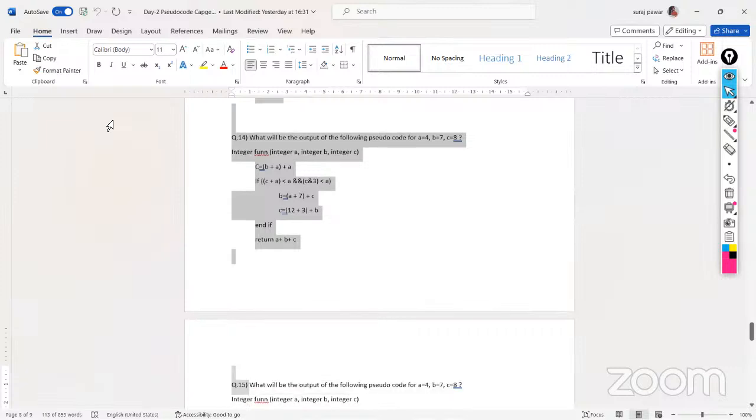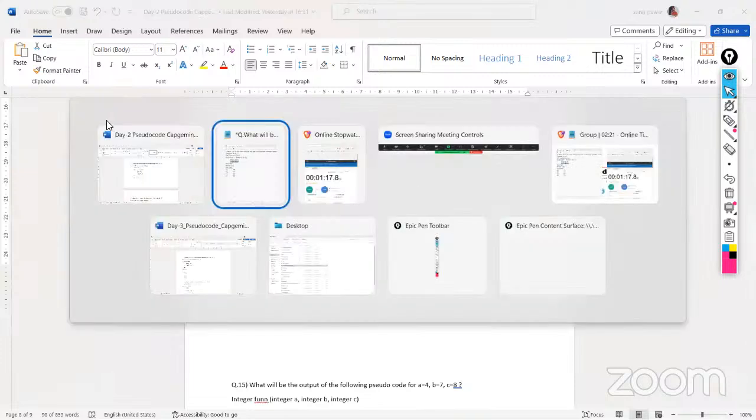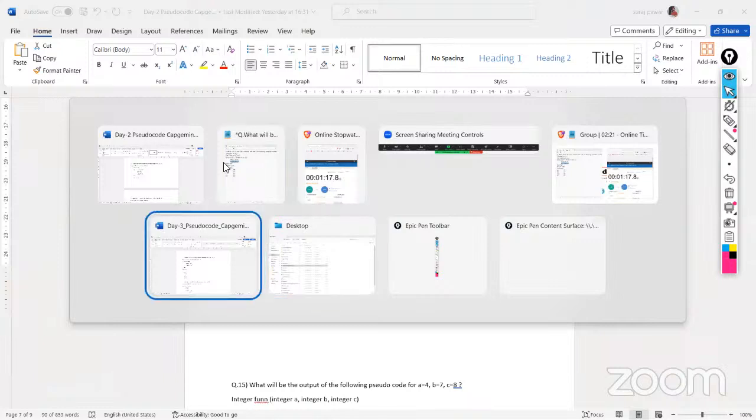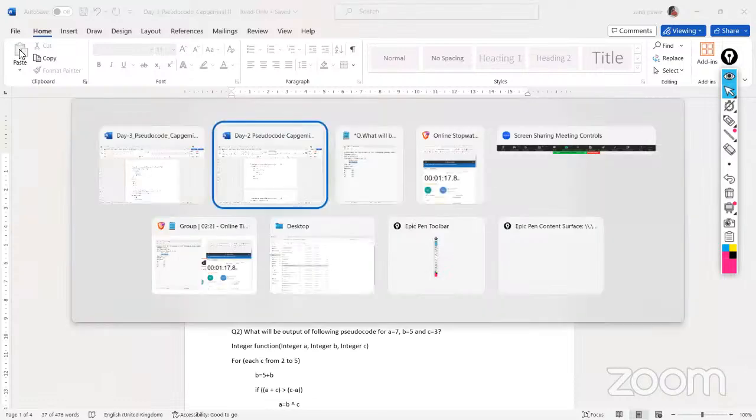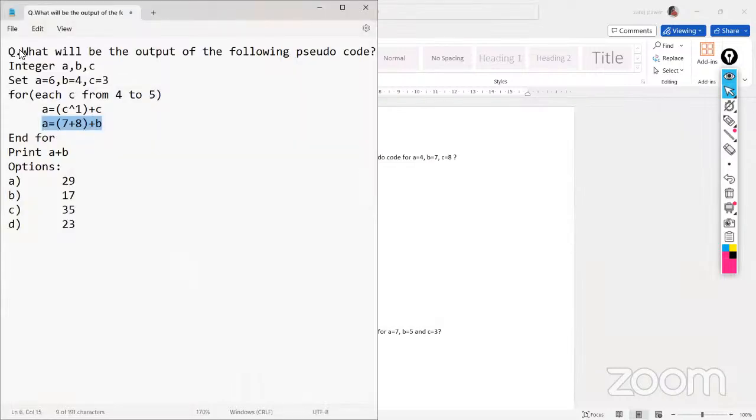Well, the options are not here. Let me go to the other pseudocode file. Okay, here we have something. Let me copy it and first explain how things are going to work. Then, after that, you guys are supposed to write it here.